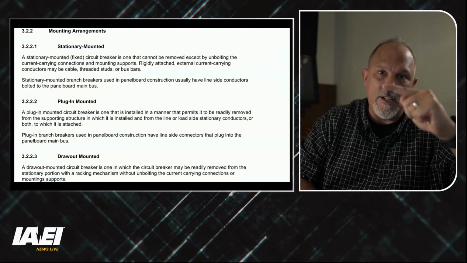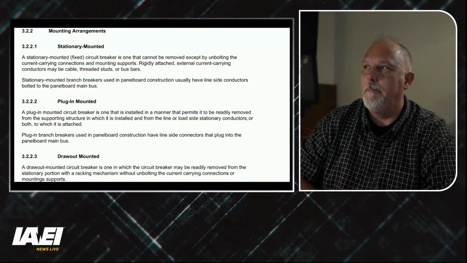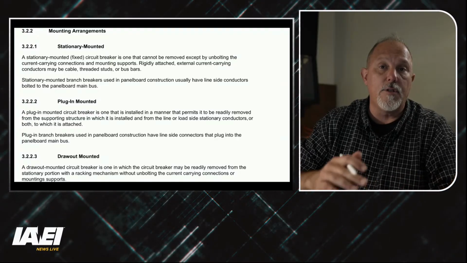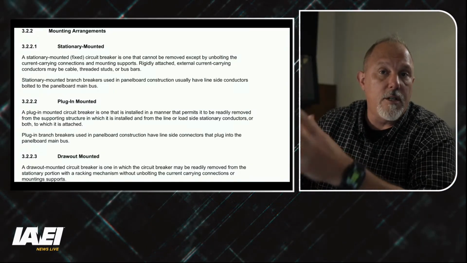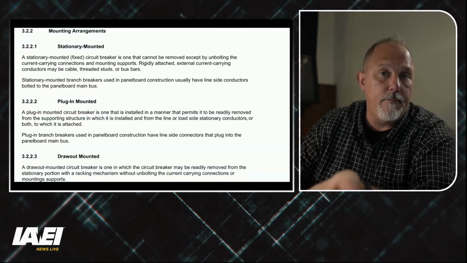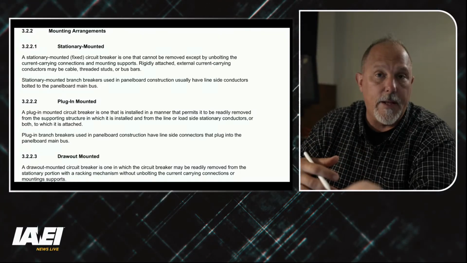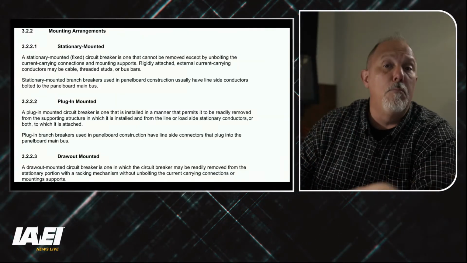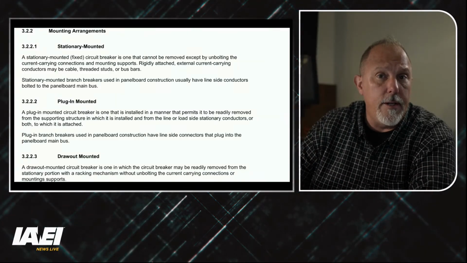In some cases, it might just be a little nub. And then in other cases, those same miniature breakers in a commercial or an industrial type of panel board, not typically installed in a residential panel board application, are bolted on. So you'll have a bolt on.